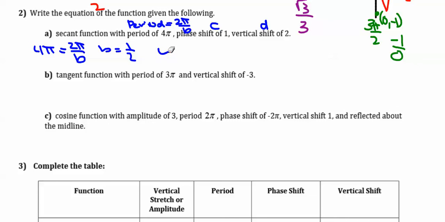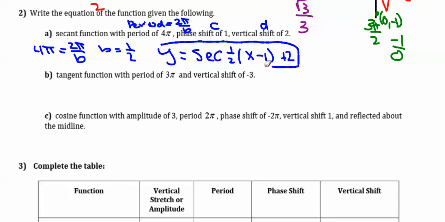So my equation is going to be y equals secant of 1/2 times x minus 1, that's for my phase shift, plus 2. There is no amplitude change, and there is no reflection.